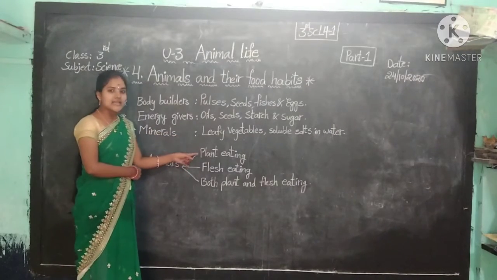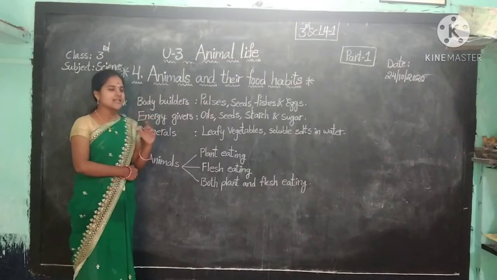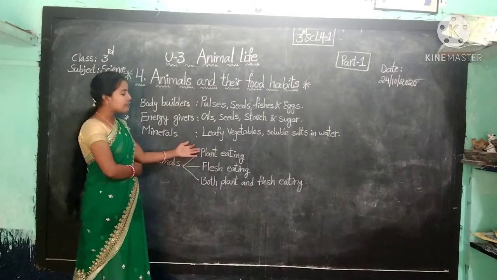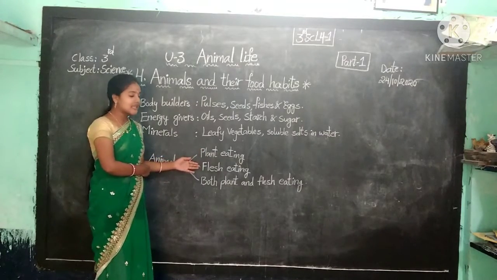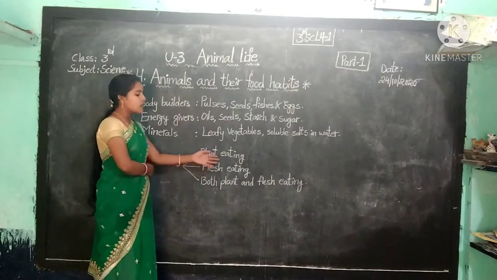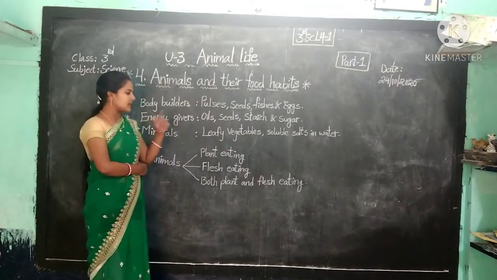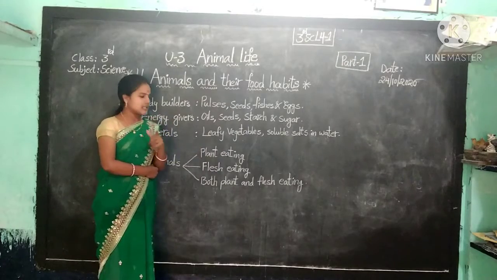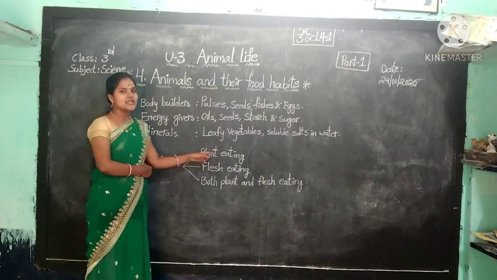First one is plant-eating animals. The animals that eat only plants. Okay, children. The second one is flesh-eating animals, and the third one is both plant and flesh-eating animals. Okay, let us learn about each of them in detail. What is the first one, children? Yes, plant-eating animals.